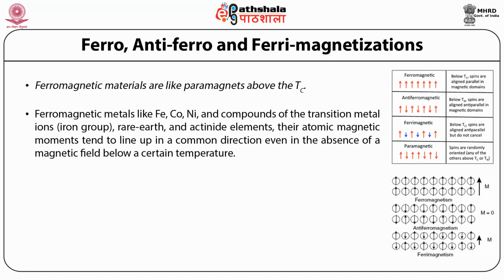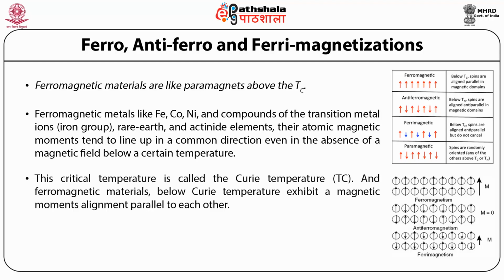Ferromagnetic metals like iron, cobalt, nickel, and compounds of the transition metal ions, rare earth, actinide elements, their atomic magnetic moments tend to line up in a common direction in the absence of magnetic field below a certain temperature.